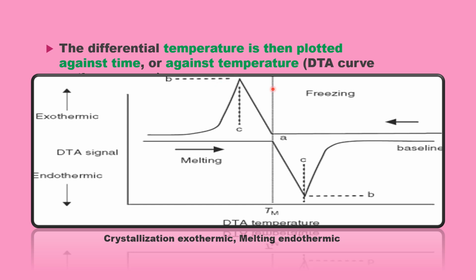The crest, or this peak, indicates an exothermic change that happened, and a trough, or this depression, indicates an endothermic change that has happened. Exothermic means heat is liberated and endothermic means heat is absorbed and a reaction has taken place.